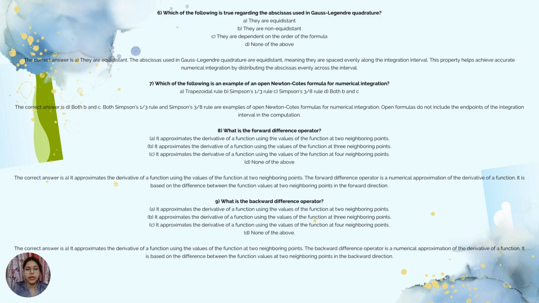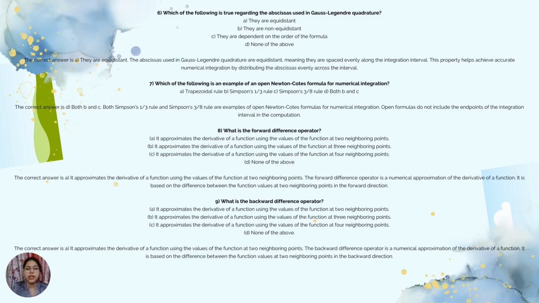And D. None of the above. The correct answer is A. It approximates the derivative of a function using the values of the function at two neighboring points. The forward difference operator is a numerical approximation of the derivative of a function. It is based on the difference between the function values at two neighboring points in the forward direction.